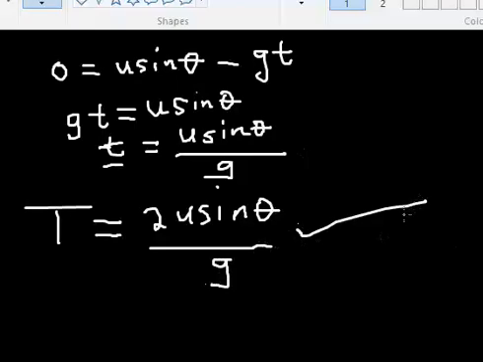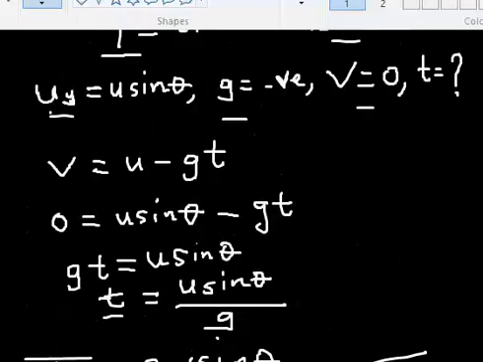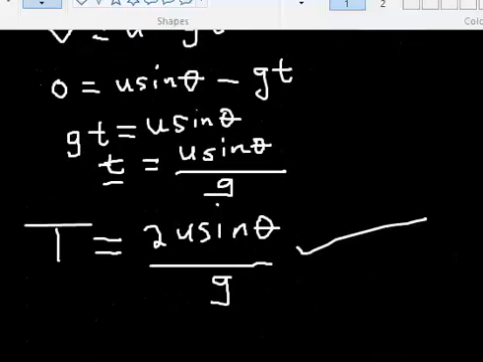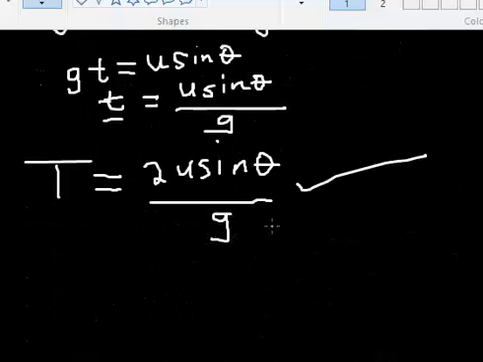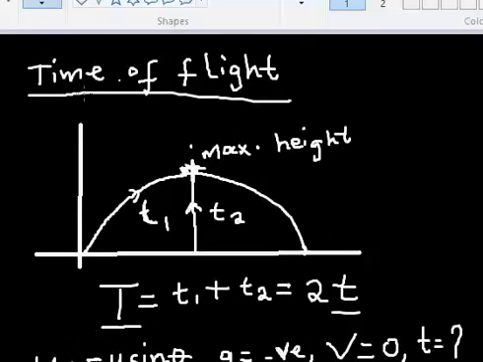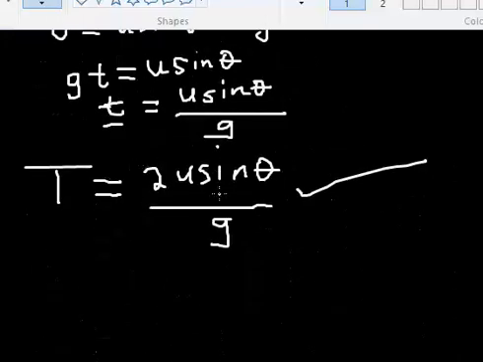What I just did was to give you the proof of this particular formula, but what is really very important is this formula. This is the first parameter, which of course is time of flight, and that forms our very first equation of projectile.